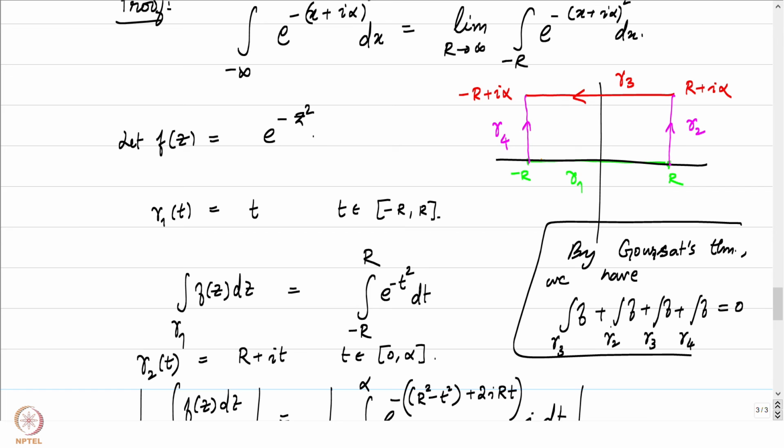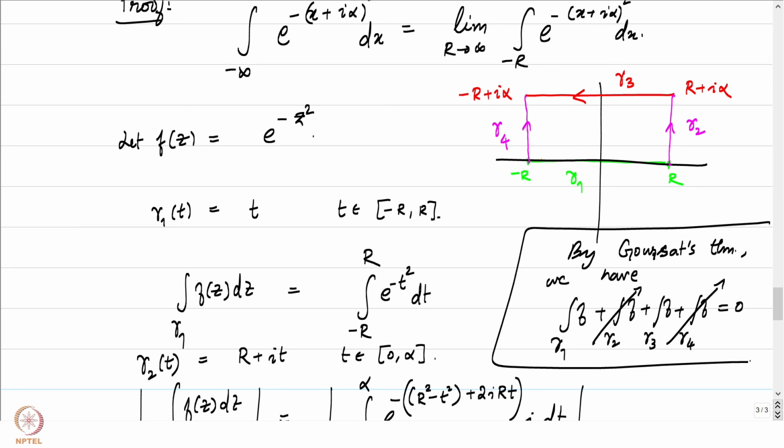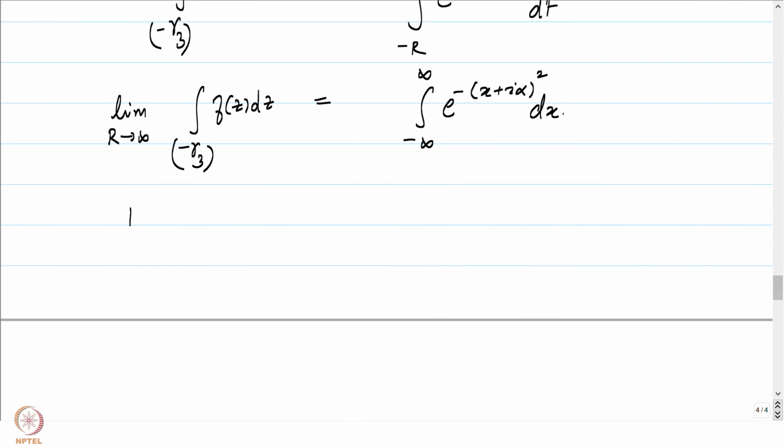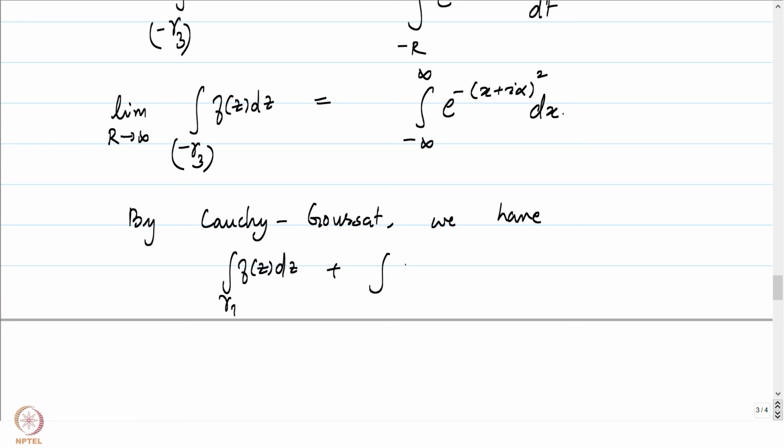As r goes to infinity, this vanishes and this vanishes. And therefore, the integral over gamma 1 plus the integral over gamma 3 is equal to 0 as r goes to infinity.